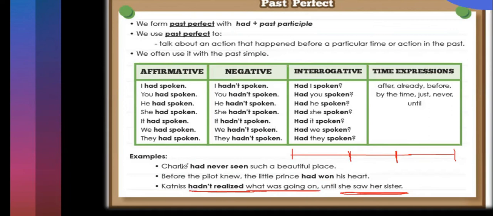What happened first? Here, she saw her sister, and all this time before, she hadn't realized what was going on. So she didn't know anything about the previous information until she saw her sister. It's like, oh, okay, I got it. So previously she had no idea. She had no idea what was going on until she saw her sister.